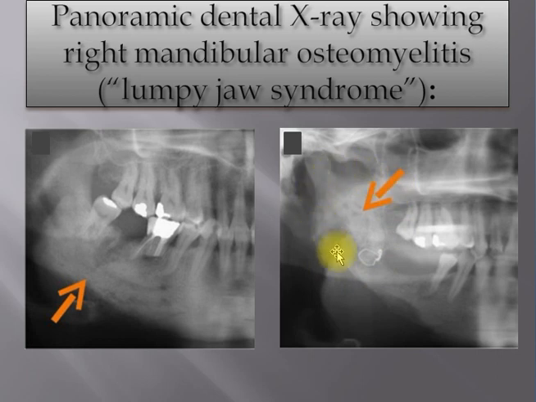So we can see that those teeth were extracted, and the angle and ramus were normal. We can see pathology only in this area.